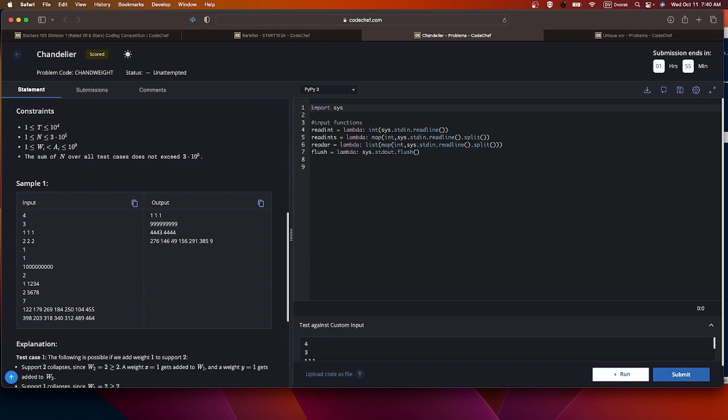So if we think about this here, okay, the corner cases are very easy.